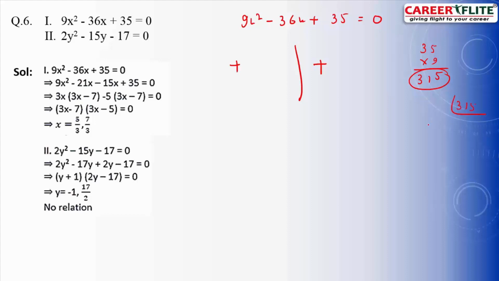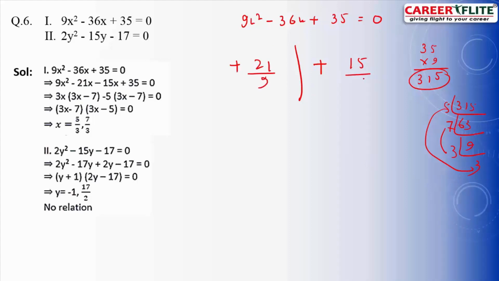Take the roots of 315: 5 6s are 30, 5 3s are 15, 7 9s are 63, 3 3s are 9. So we have 7 into 3 and 5 into 3. 7 into 3 is 21 and 5 into 3 is 15. 21 plus 15 is 36.